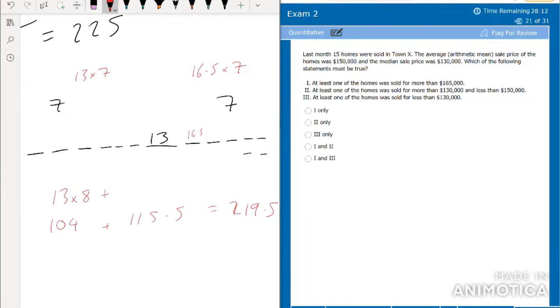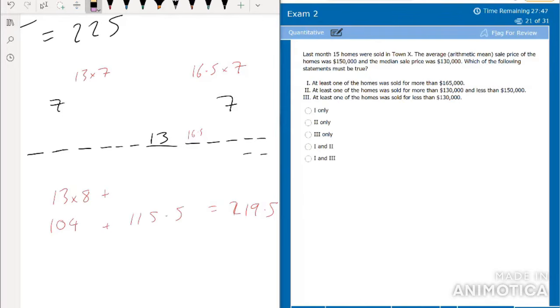Here, I think the less than 150 is the interesting part. No, that doesn't have to be true, because we just showed, for example, a bunch of 13s and a bunch of 16.5s wasn't even enough.